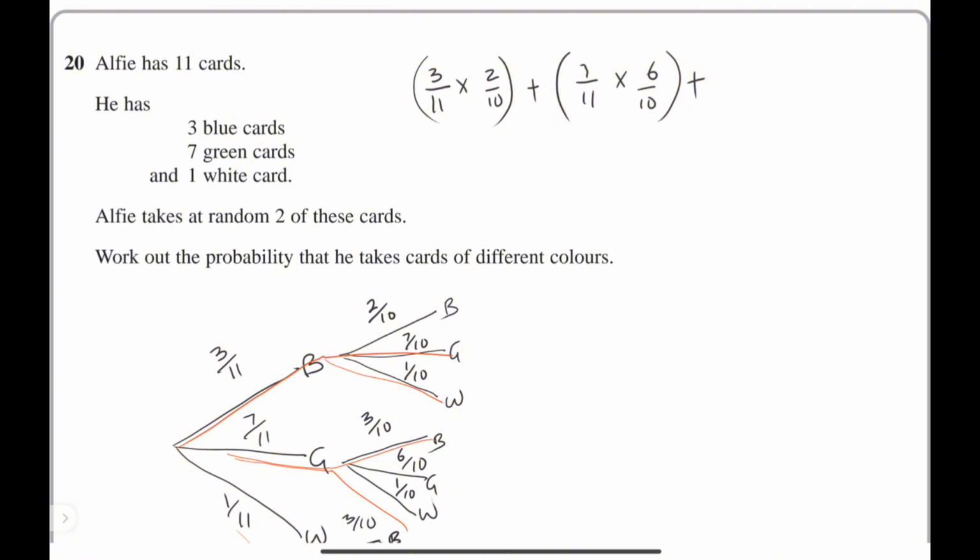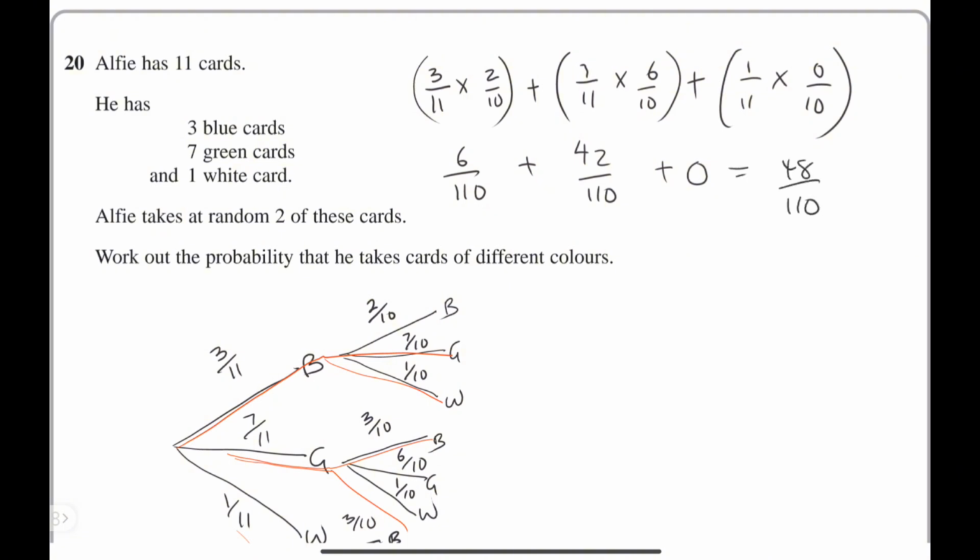probability of selecting white both times, so that would be 1 over 11 times, I'm not sure if that is possible, then I think 0 out of 10, I think. So this will be 6 over 110, plus 6 times 7 is 42 over 110, then plus 0 obviously, and that will be 48 over 110. And if we simplify this would give us 24 over 55.